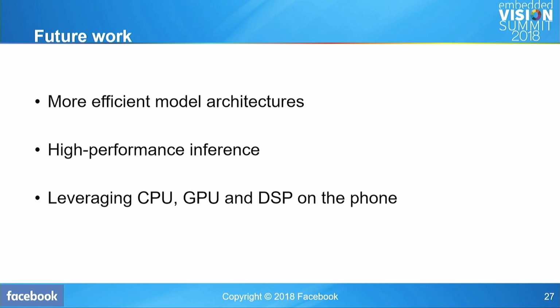A little bit about future work. Definitely, architecture search is going to go along the way, optimizing specifically for hardware, and optimizing hardware specifically for the needs. It is very important to push forward in research as well.